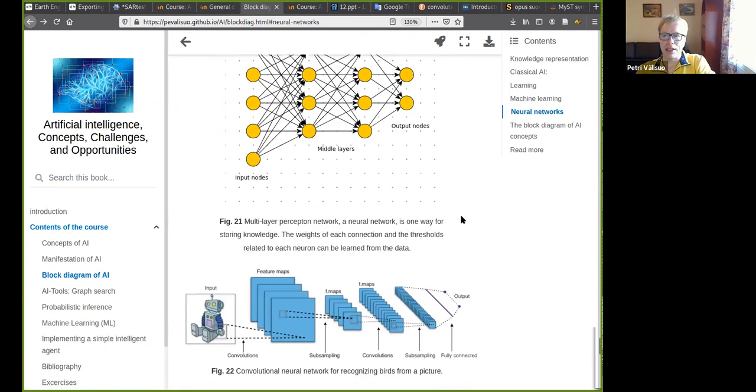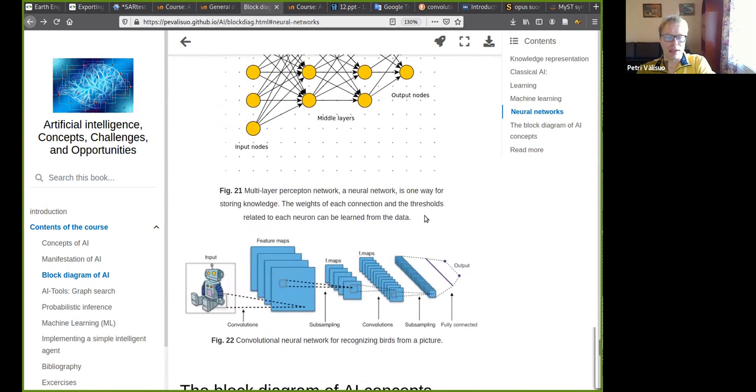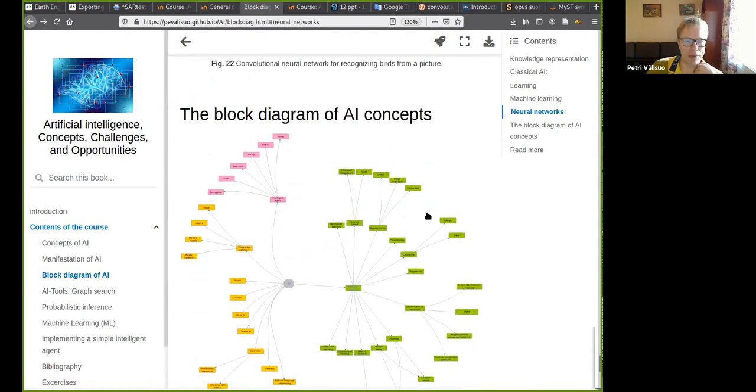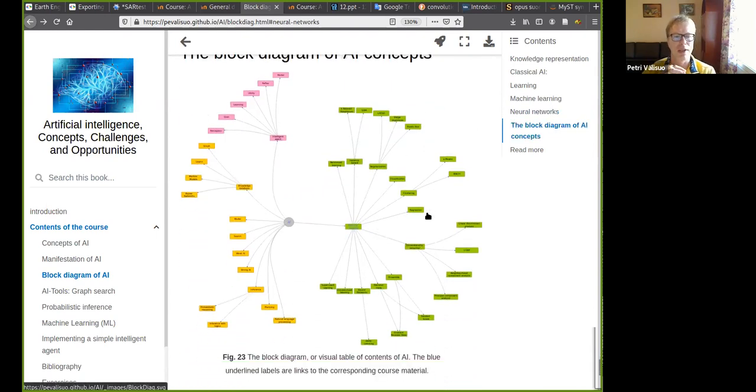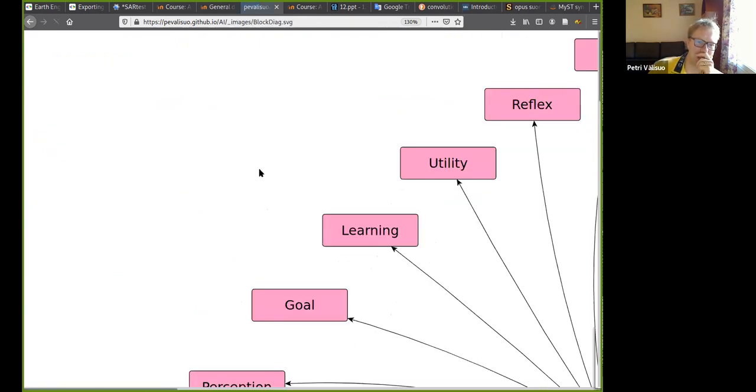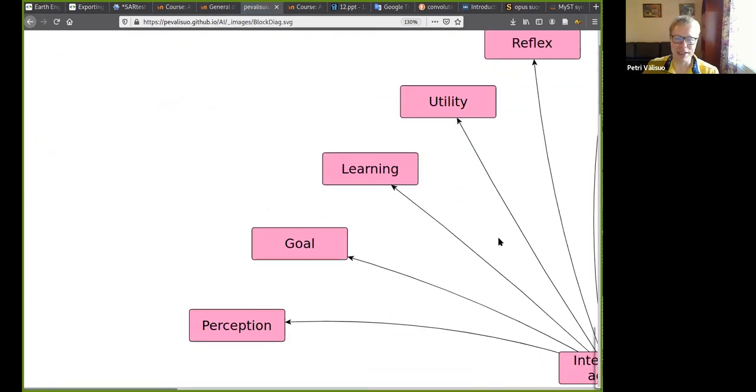Yes, I don't know what else to talk about now regarding these neural network issues. But if you look at this area of AI in general, it's huge. There are a huge number of algorithms, and nobody knows them all, I suppose. So you can take a look at it.